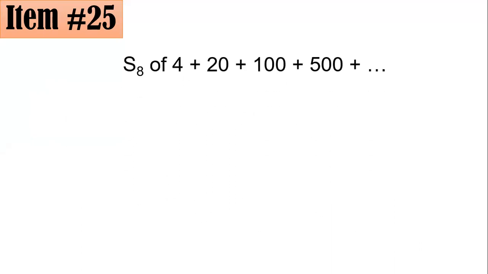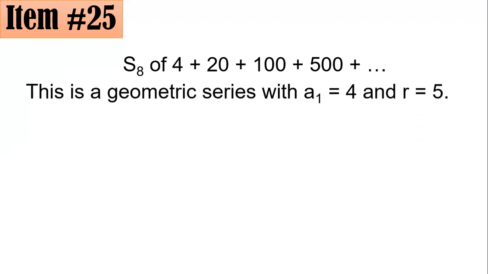In this case, we're going to look for S sub 8, or the sum of the first 8 terms of this geometric series, with the first term equal to 4, and the common ratio 5, because you're multiplying 5 all throughout to get the succeeding terms.